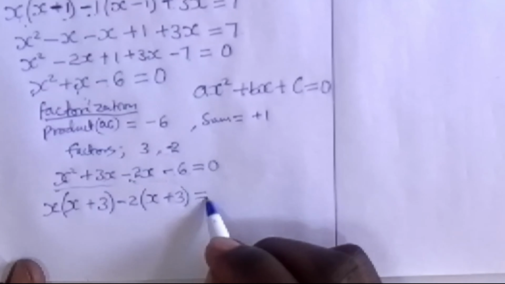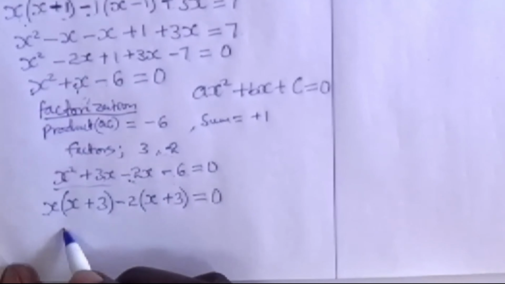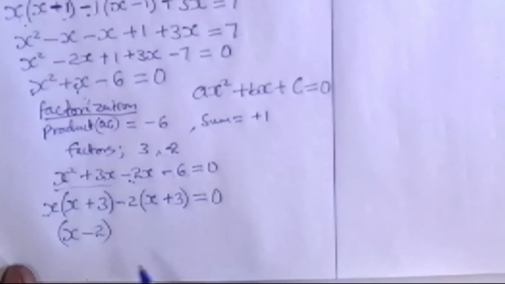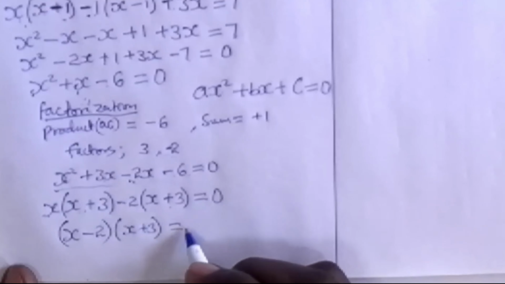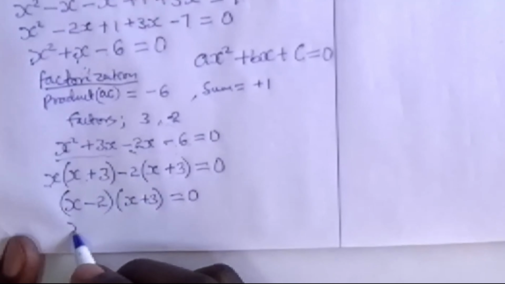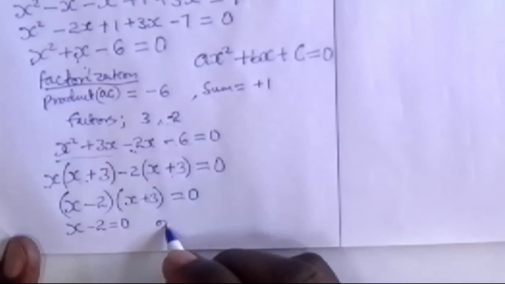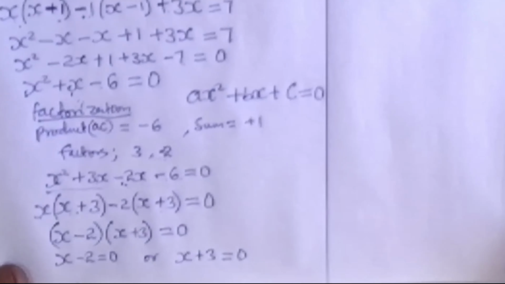Then we take (x minus 2), multiplied by (x plus 3), since the brackets are the same, equal to 0. What this means is that either x minus 2 is equal to 0, or x plus 3 is equal to 0.